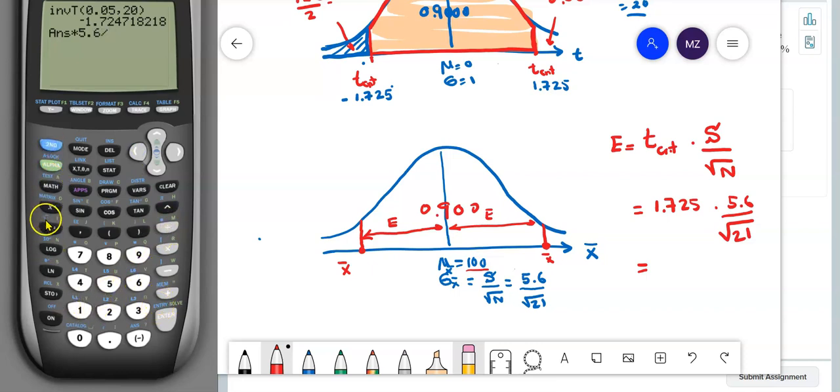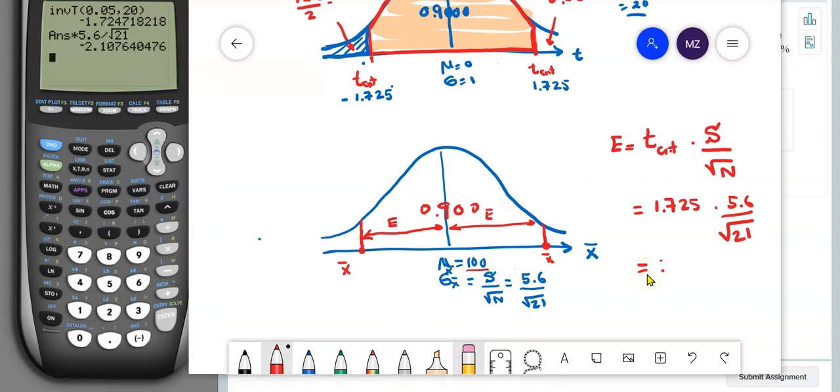So square root here and 21 inside, right? Okay, and that's basically it. So this is my error, minus 2. Well, I take it positive. So this is going to be 2.1076. All right, I'm taking too many decimals, but it's fine.